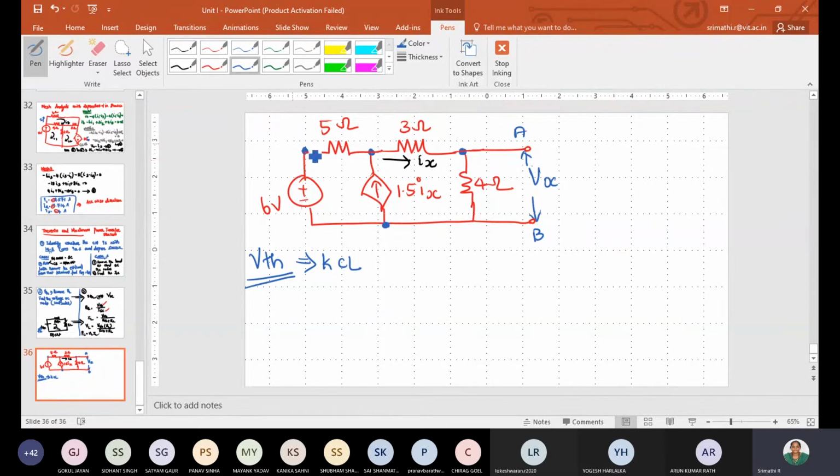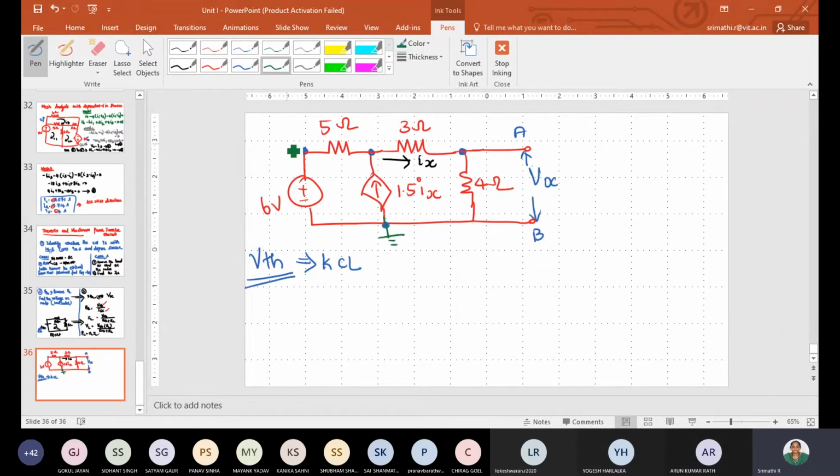When 2 or more elements are connected, it will be a node. Guys, is it clear? Yes, ma'am. So how will you choose the ground node? Ma'am, the fourth one, the bottom end of the independent source. Yes, let me take the bottom node.